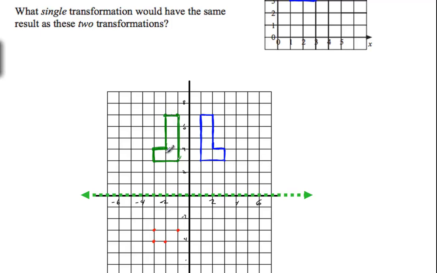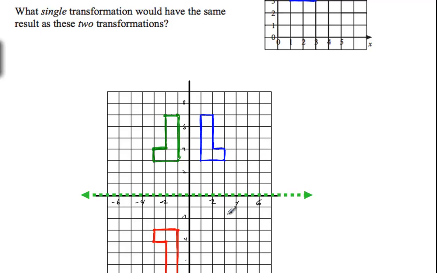And this point here is 7 up, so we go down 7. So now we can join our dots and get our reflected L image. Okay, so being reflected in the y-axis first, and then the x-axis gives us this image.